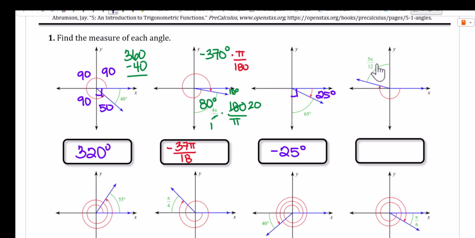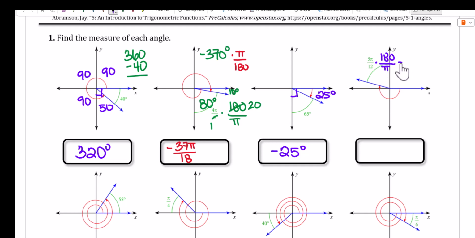Okay, let's look at this fourth one, 5 pi over 12. Now, I'm going to show you two ways to do this. Here, you have an angle that's opening clockwise, so I know that this is going to be negative. So we're going to start by doing it the same way we did problem number 2 over here. We're going to change this to a degree, so this is going to be 180 over pi.